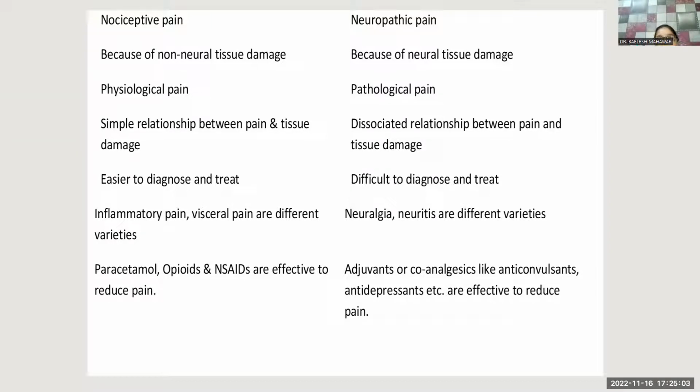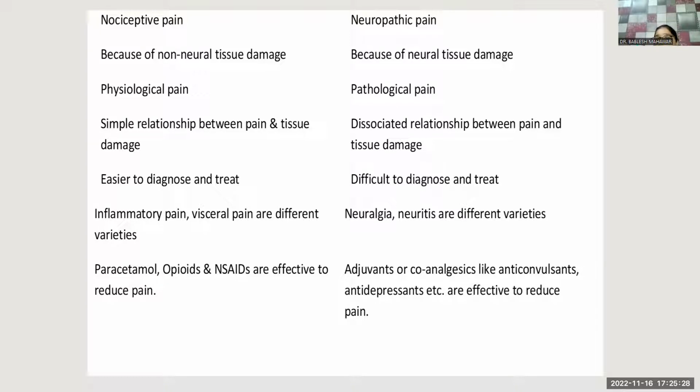Now sometimes the patient behaves as if this is a neuropathic pain, but no damage in the neural tissue is seen. So the category which comes in between nociceptive and neuropathic is known as nociplastic pain, when the cause is not known but the patient behaves and the history is as if it is a neuropathic pain.